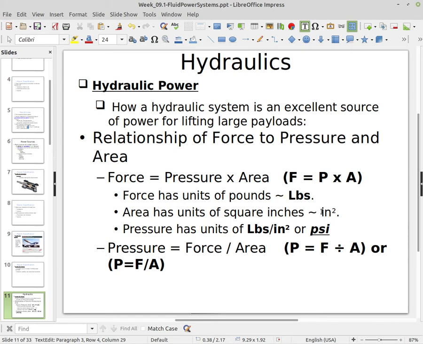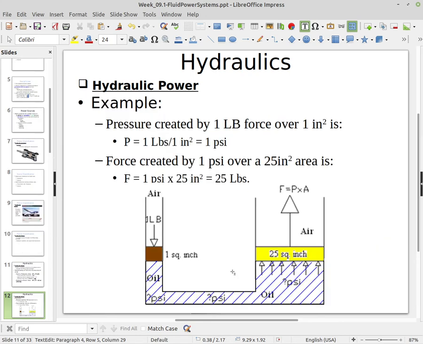Area is inches squared, and so the pressure then would be pounds per square inch, psi, or pounds divided by inches squared. Or we can do the SI units and do pascals and newtons and meters.